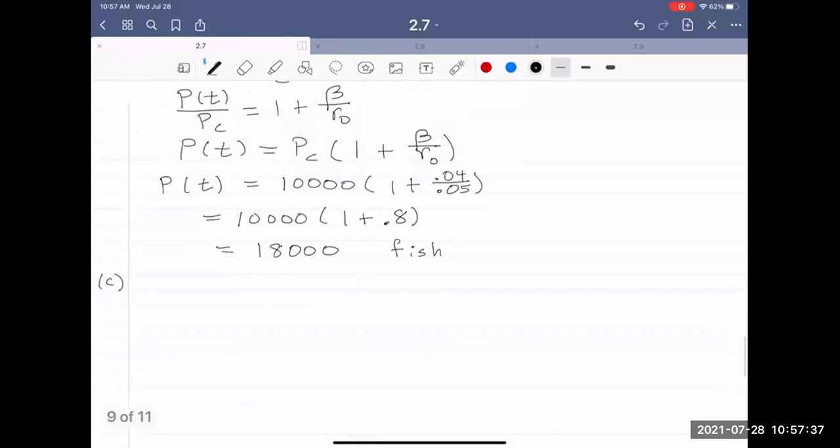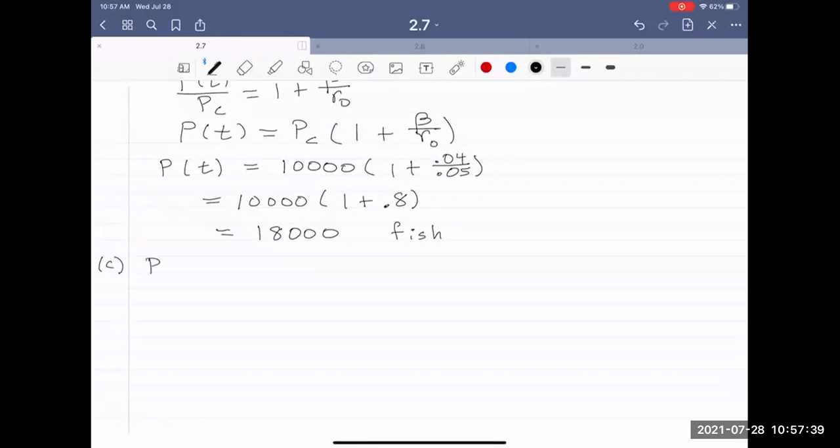So I have that P of t is either 0 or equal to this. So let's figure out what this is.